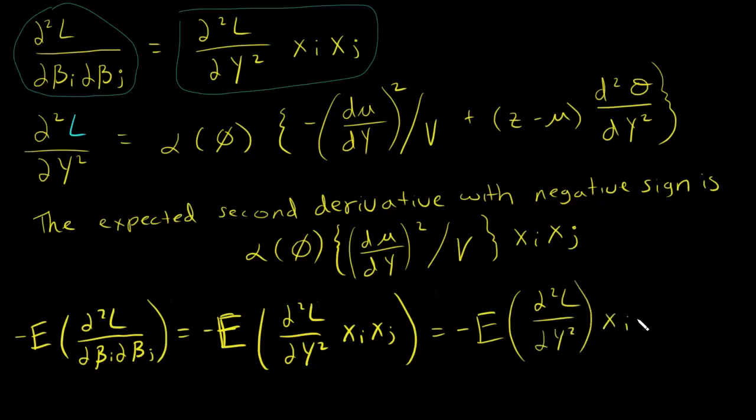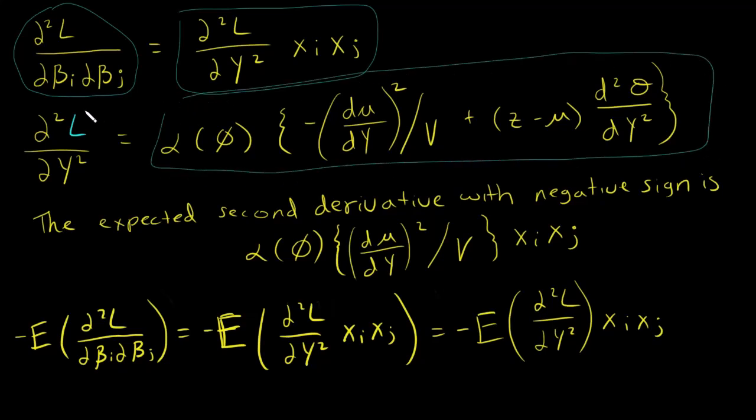Just like that. Okay, so we'll just put it at the end. All right, so now I have the second derivative of the likelihood with respect to y, which is basically what you see right here. So now it's time to plug in all this jazz for the second derivative of the log likelihood. So let's just be really careful with our parentheses as we do that.